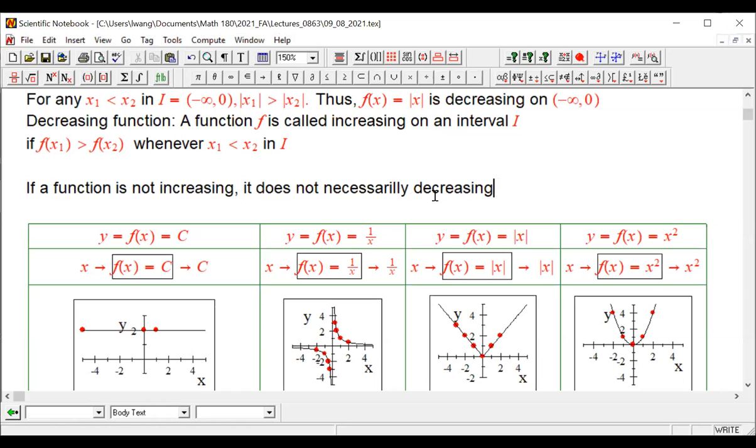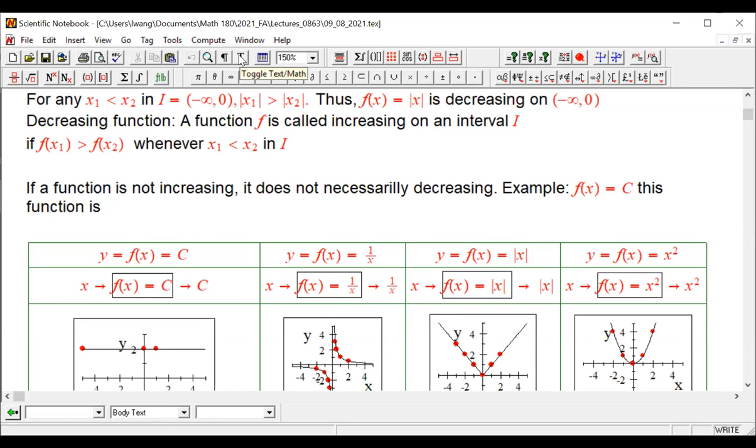An example: the constant function. This function is neither increasing nor decreasing.